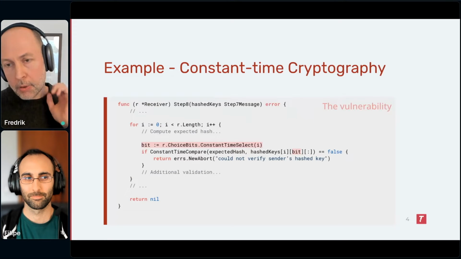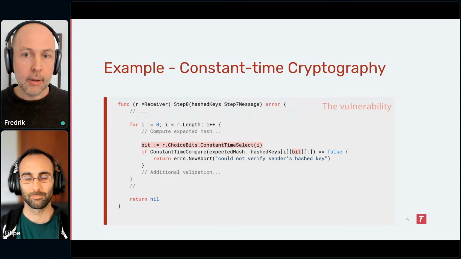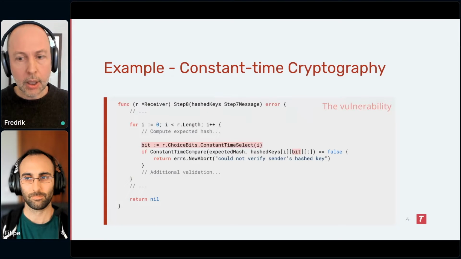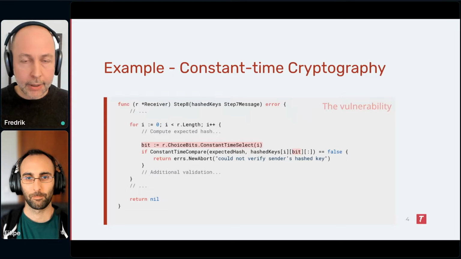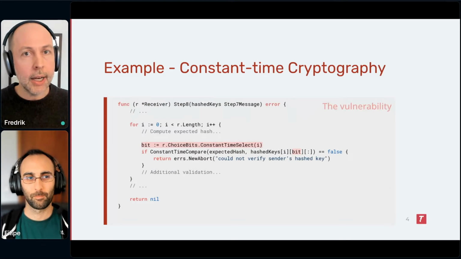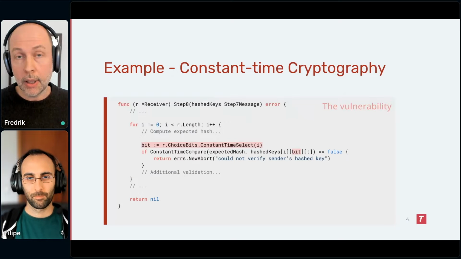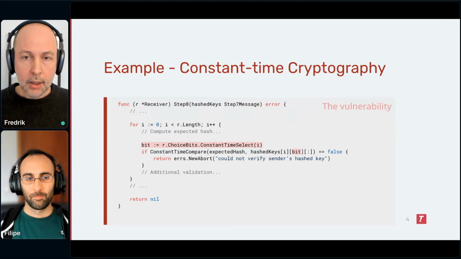This was from a very recent project where I was reviewing a code base that implemented a number of cryptographic protocols in constant time. That means that an attacker who has precise timing information about your application shouldn't be able to learn anything about the secret state of the application.